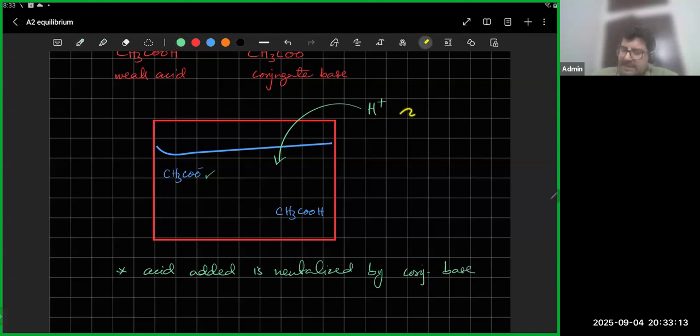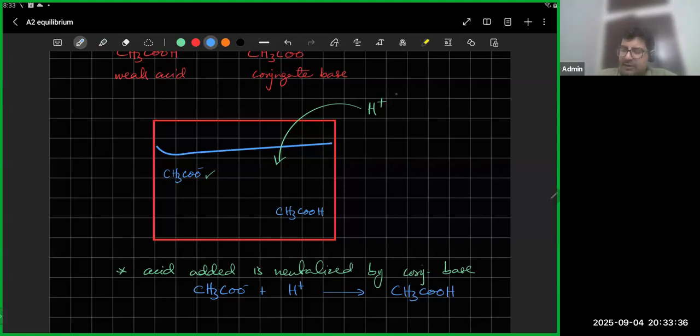What's going to happen is that the H plus 1 is coming in. So the conjugate base, which is obviously a negative ion, is going to accept it and combine with it. It sees the H plus 1, grabs it, and that is what a base does basically, and becomes ethanoic acid back again, right?